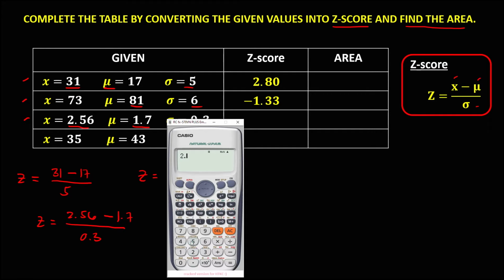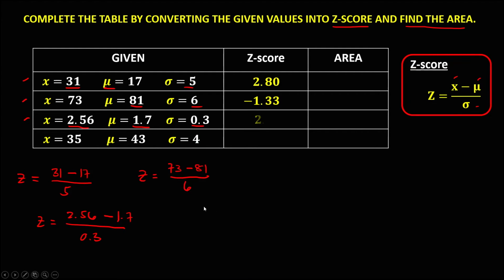So we have 2.56 minus 1.7 equals, then divide by 0.3. So the z-score is 2.87.